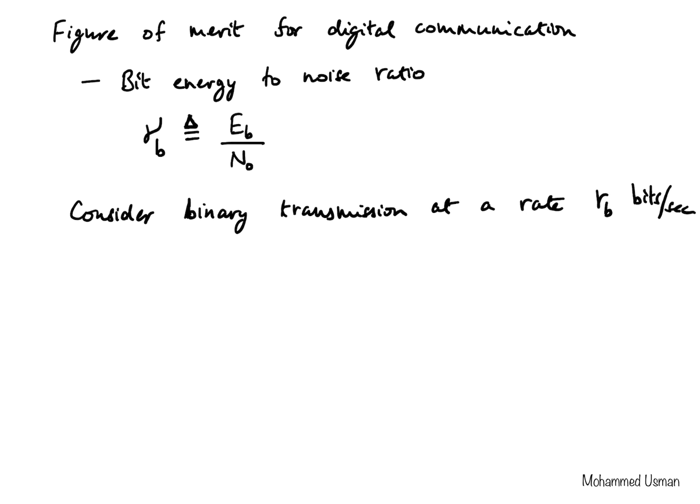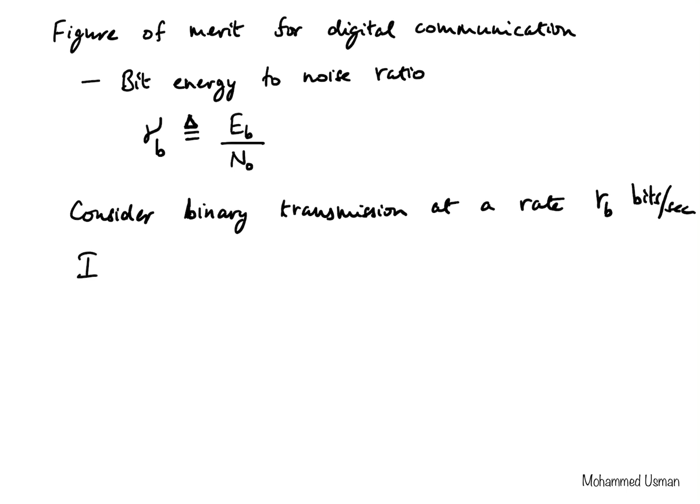Since it's going to be binary, one bit is represented by one pulse, so each pulse is Rb. Now suppose the transmitted signal has a certain power SR.